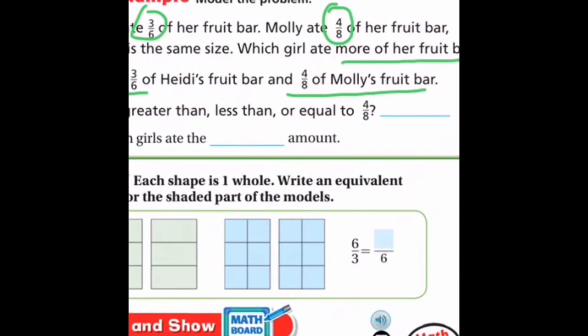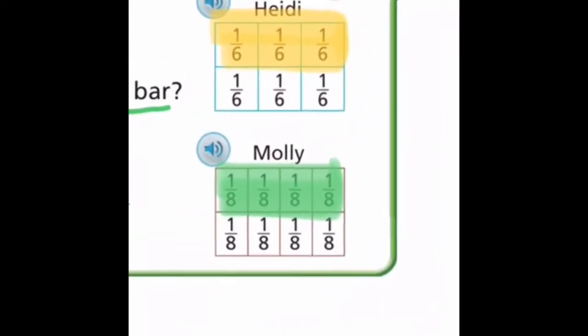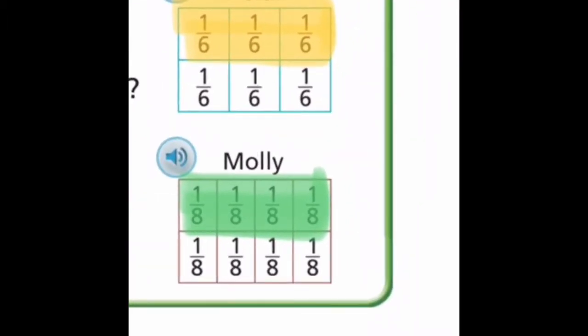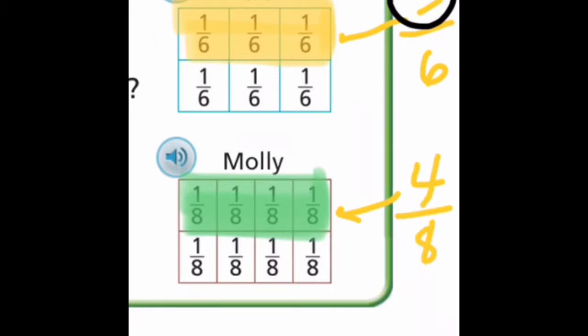Is 3/6 greater than, less than, or equal to 4/8? Okay. So we're not looking at the numbers here. The denominator of 8 might possibly throw us off, or the denominator of 6 might throw us off. Or if we look at Heidi, she ate 3/6, the numerator is 3. And if we look at Molly, she ate 4/8, and the numerator is 4.